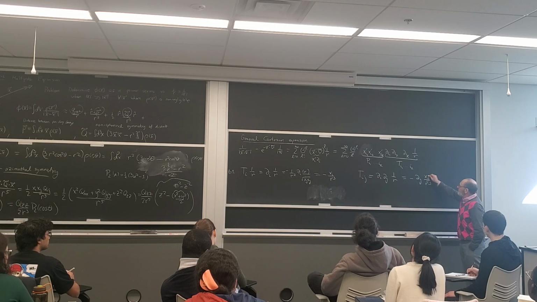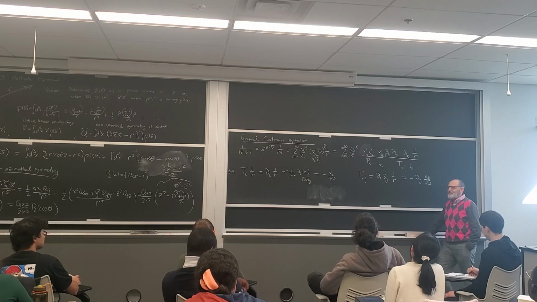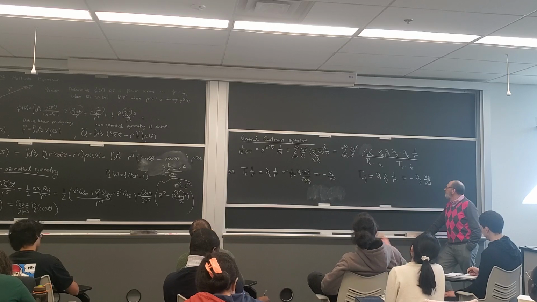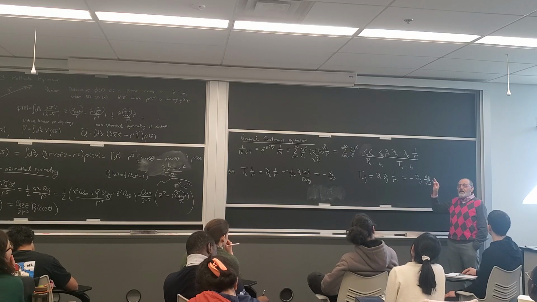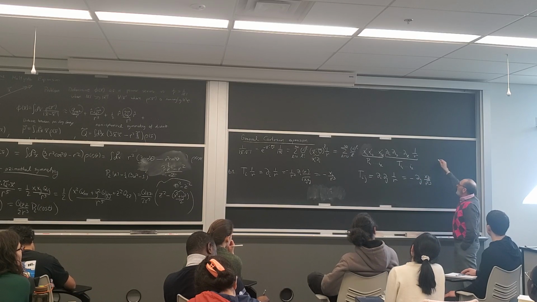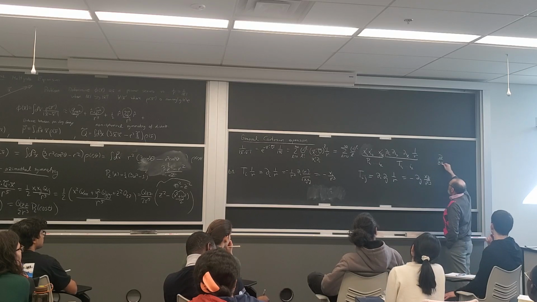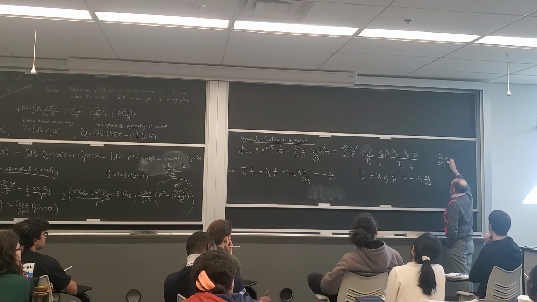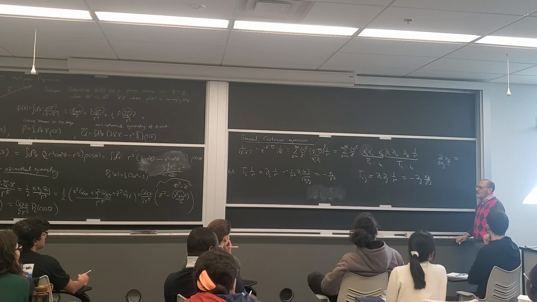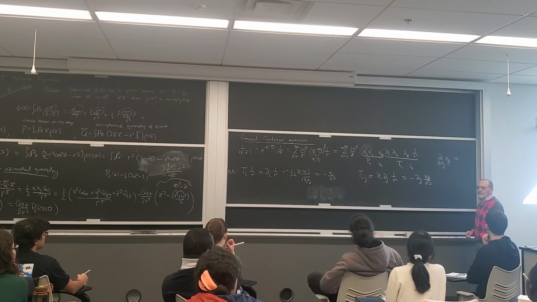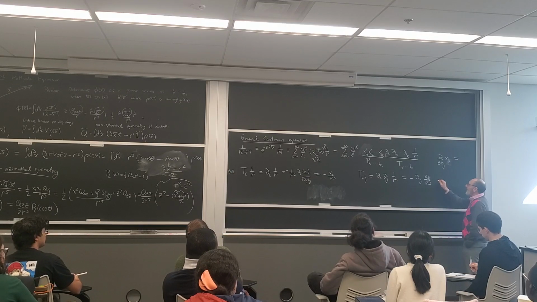That should be i. So you take the x_i out. So, question: what is partial x_j of x_i? It'll be 0 if i and j aren't the same, right? But if they are, it's a Kronecker delta. I see. Okay, good, excellent.